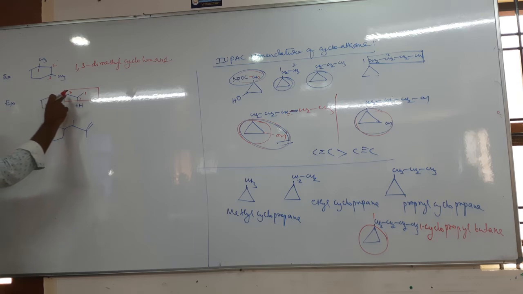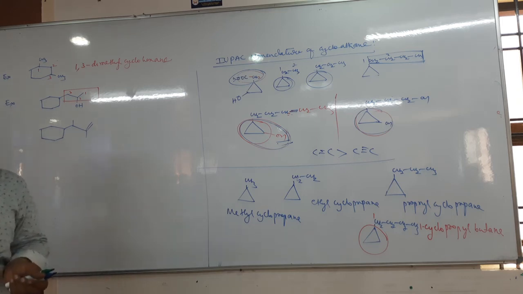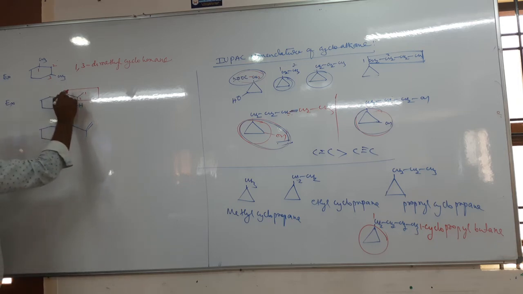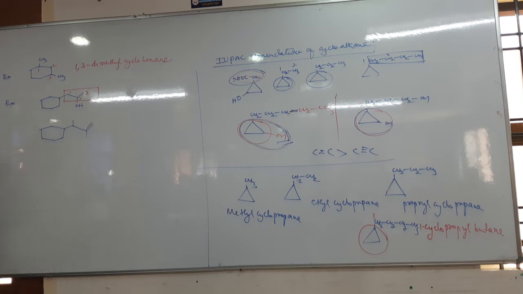If you give from this side 1, 2, 3, it means alcohol gets the same number, no? When both sides' functional group get the same number, we need to say that the substituent should get the least possible number. Therefore now this takes 1, this becomes 3. Do you understand?